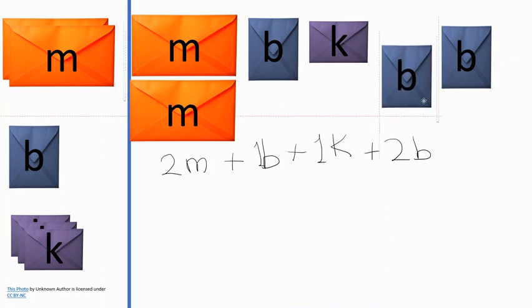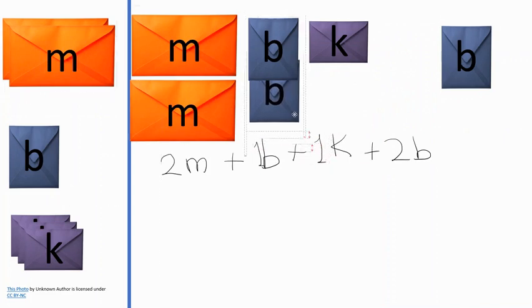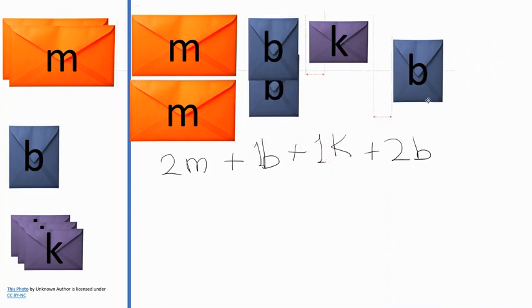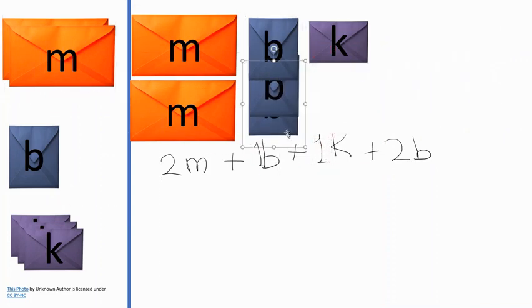I can combine some terms, like I can combine these because they are the same. In math, what I do is I combine my terms that have the same variable, in this case my b terms. Everything else I'm going to copy exactly the same way.